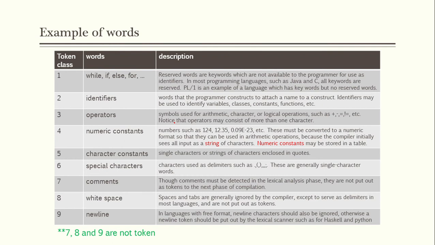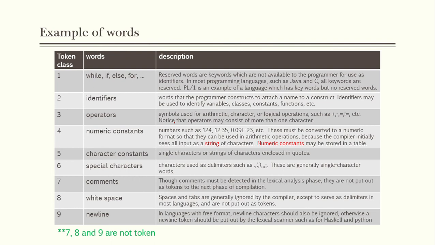A comment is also a word, but in a free format language, it is ignored by the compiler. So it is not counted as a token because it is ignored. The same thing with 8 and 9, which are also words but are ignored by the compiler and not counted as tokens.